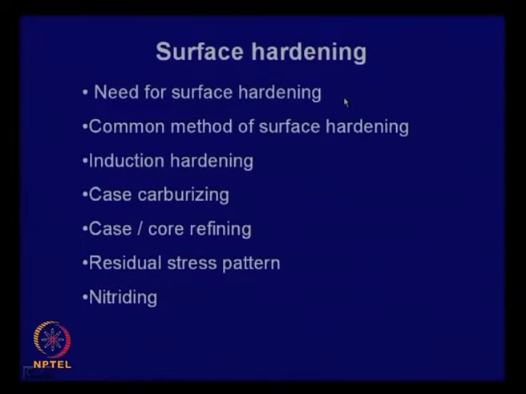is this: if we want to harden steel, often it is not possible to get uniform properties from the surface to the core because of the limitation of the cooling rate that we adopt. Even if we quench, if the dimension is large, the core may cool very slowly, depending on the dimension of the job.